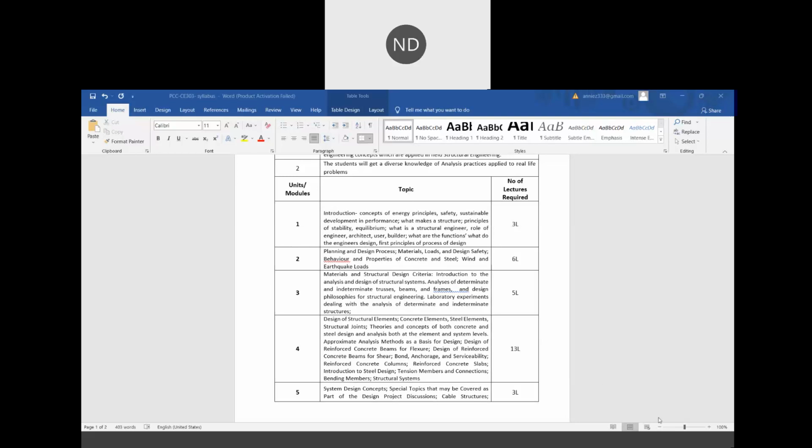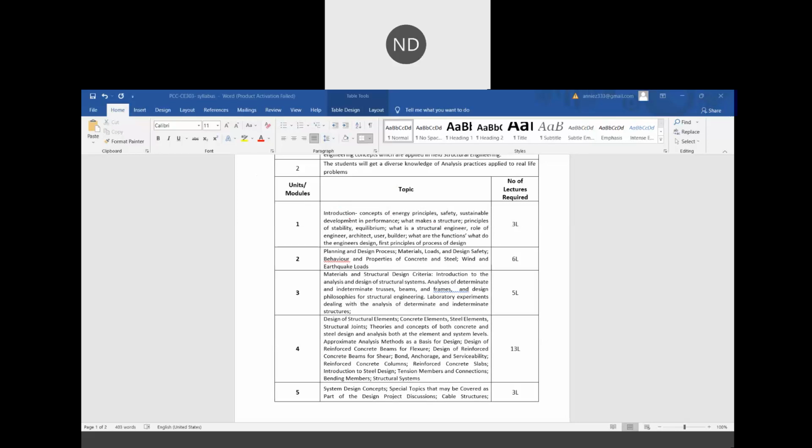Basically, structural engineers are going to analyze the structure, design the structure, and planning will be done.